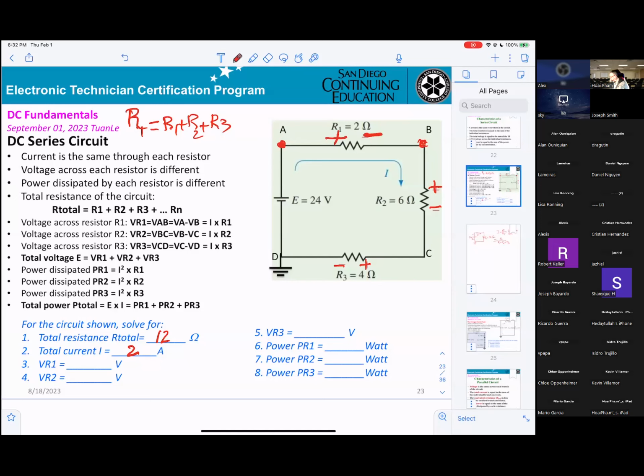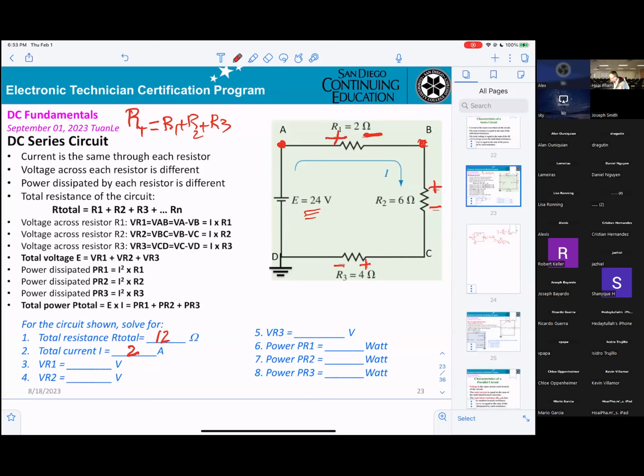How many volts? 24, right? So when the current goes through the resistor R1, electrical energy is converted, and you get power dissipation from R1.